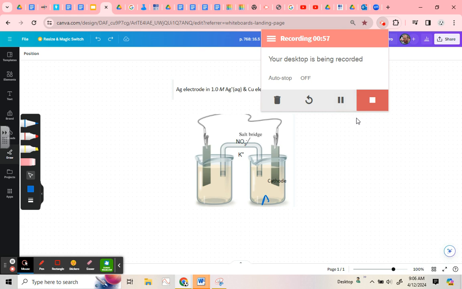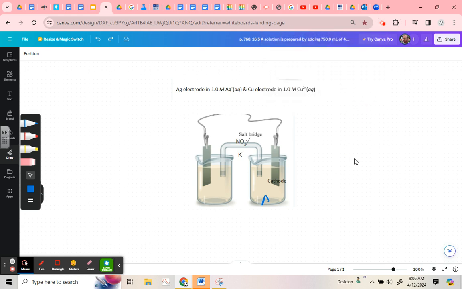So here we have silver and copper. And so we want the cathode on this side, so we know that this is going to be Ag ions grabbing on to those electrons that are flowing this way. The Ag grabs on and becomes silver.